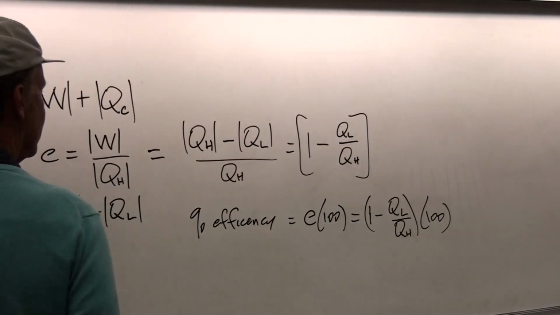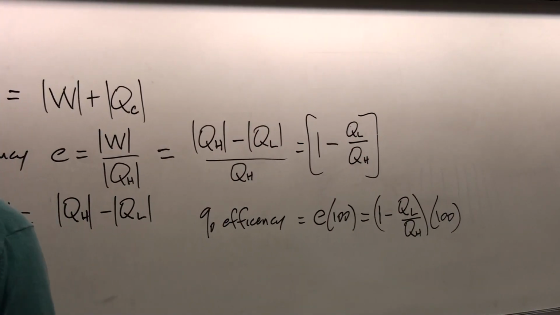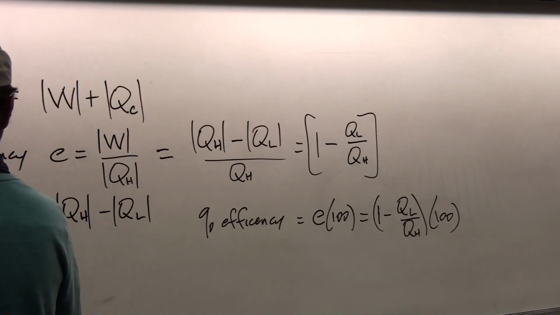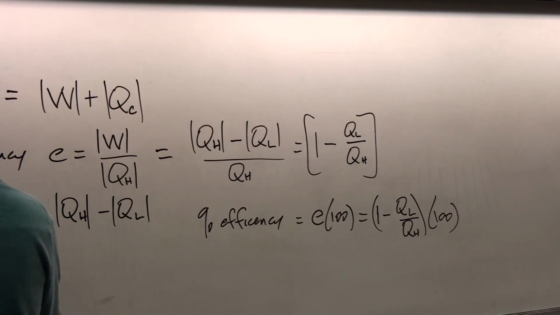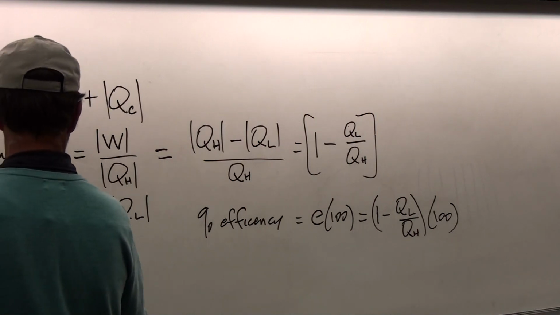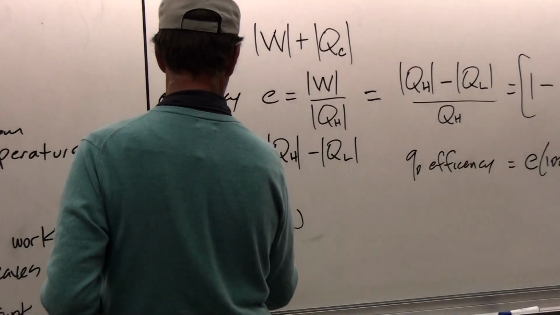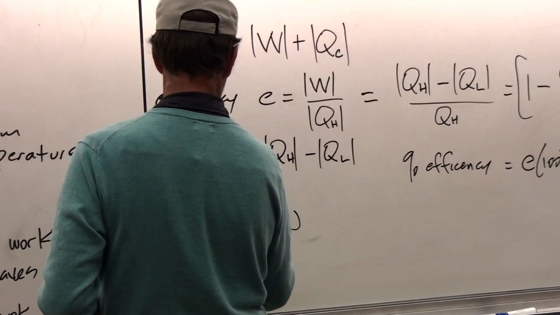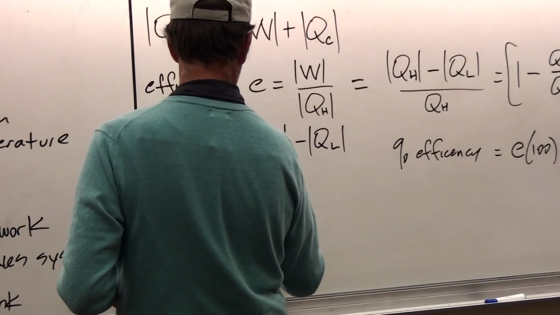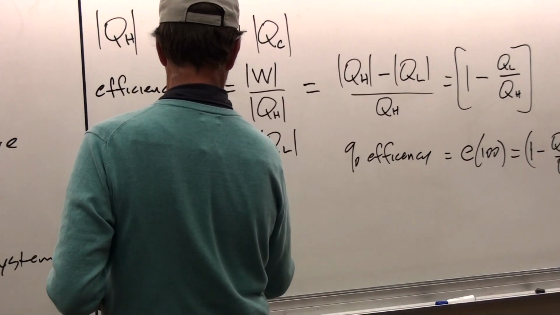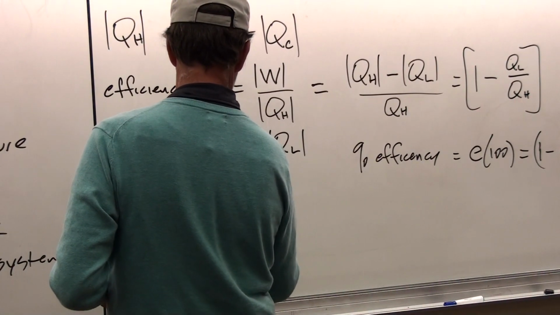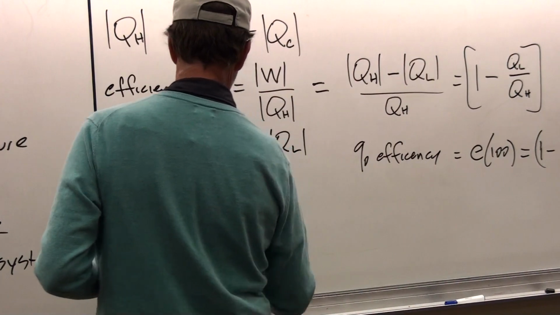Okay, so let's say that in a given cycle, let's say in 60 seconds, the heat that enters the system is 1,000 joules, and the heat that leaves the system at a lower temperature is equal to 800 joules.